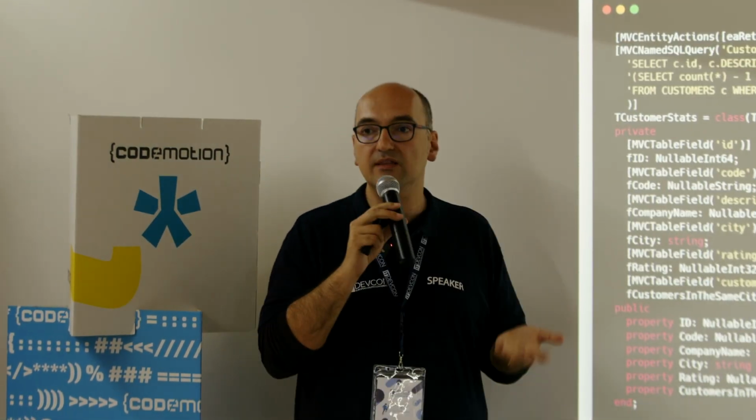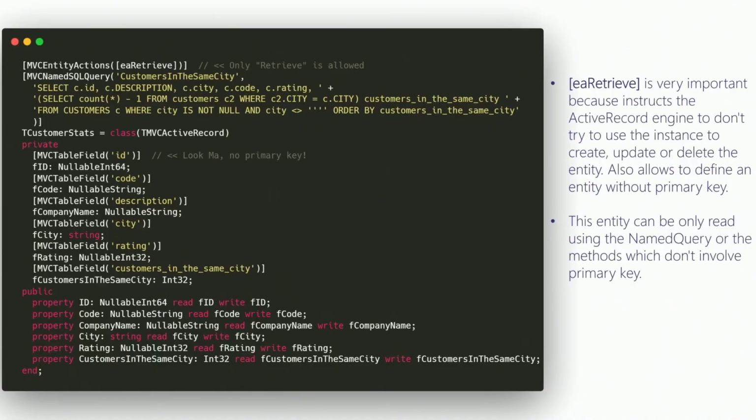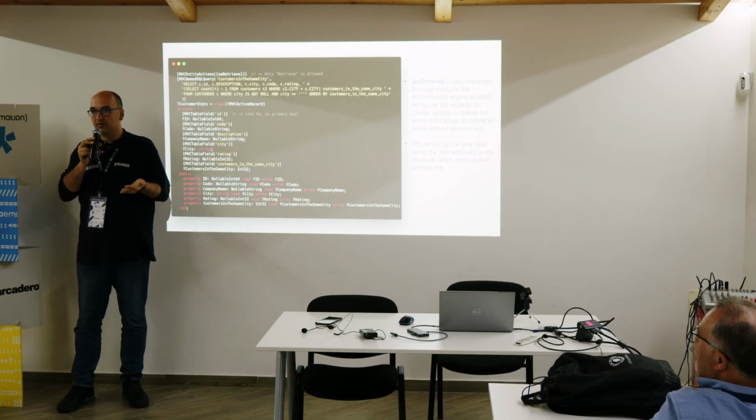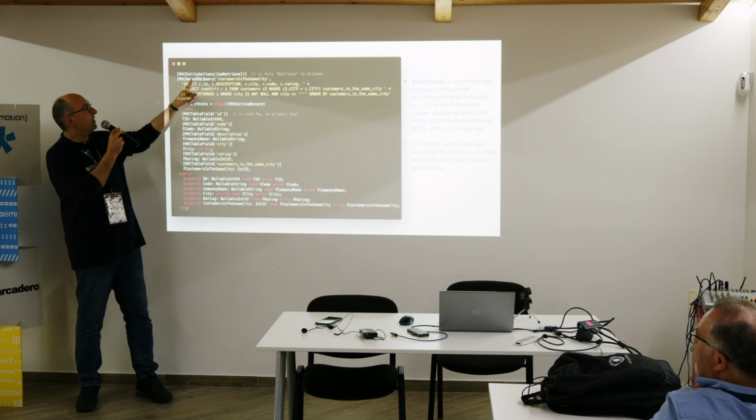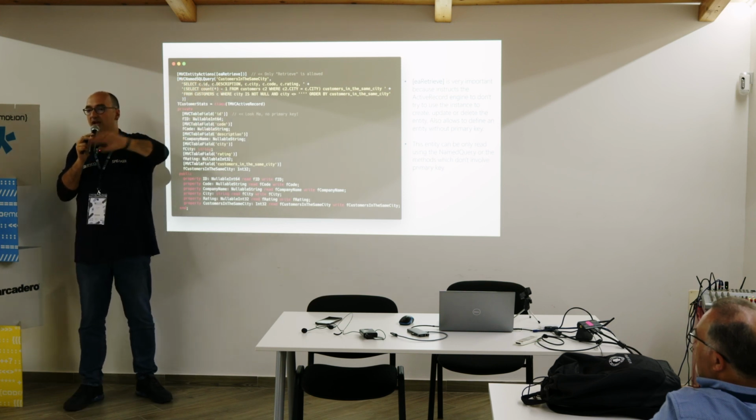So you can define these virtual entities. How is it possible to create the virtual entities? You can put this one, MVC entity action, which is an attribute which allows you to define how this entity can be managed by the framework. Normally, if this entity action is empty, by default you can do anything.